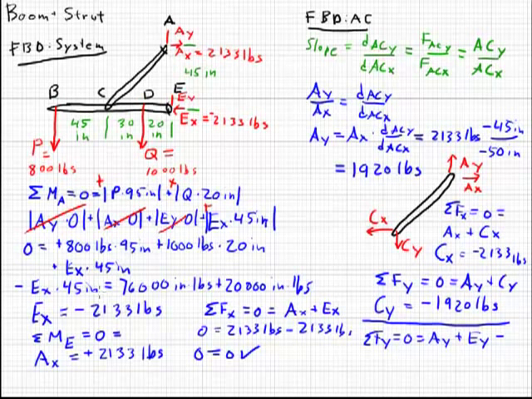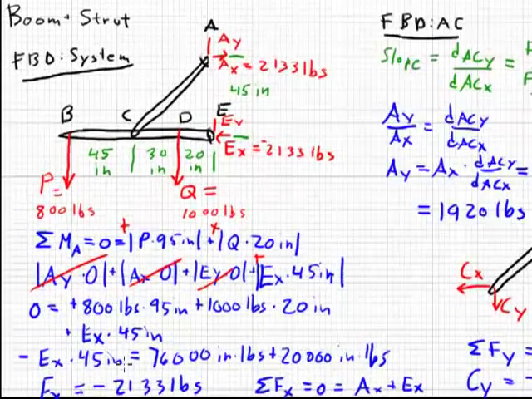Minus P and Q, 800 pounds minus 1,000 pounds. We know that AY is 1,920 pounds. So solving for EY, EY must be negative 120 pounds.